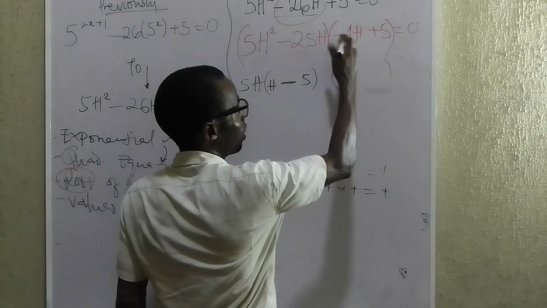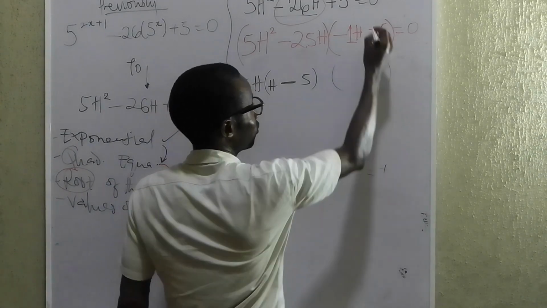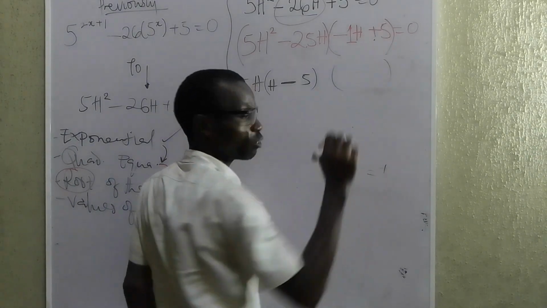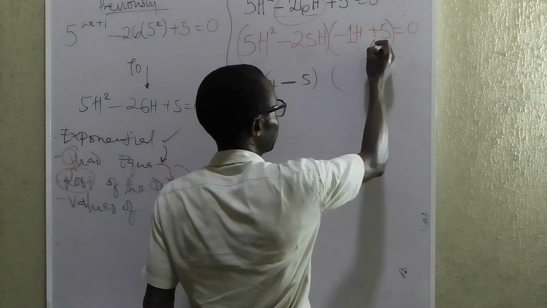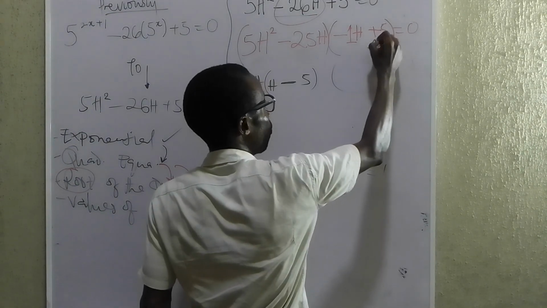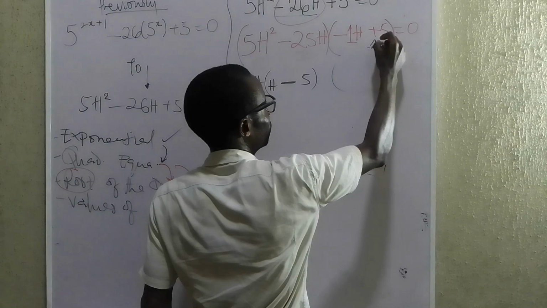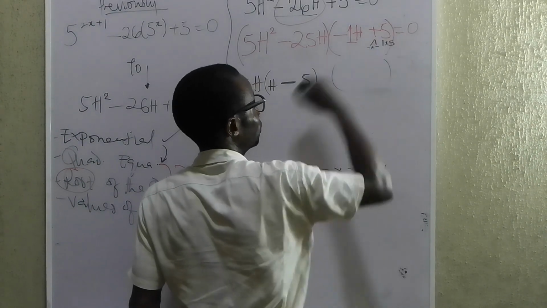But because we are not having a plus sign here, we know that this particular plus you see here is made of minus times minus. So there's a 1 here, and then there's a 5 here. So this 5 is the same as 5 times 1.